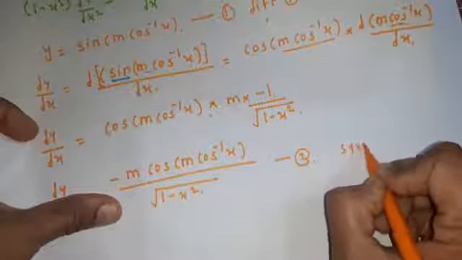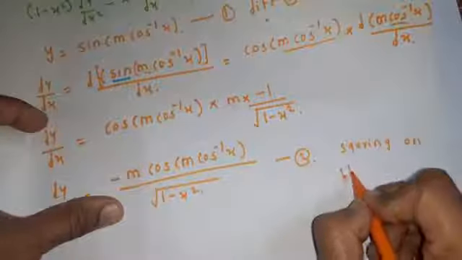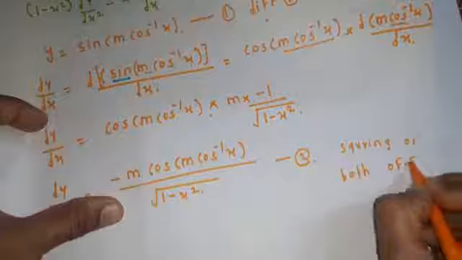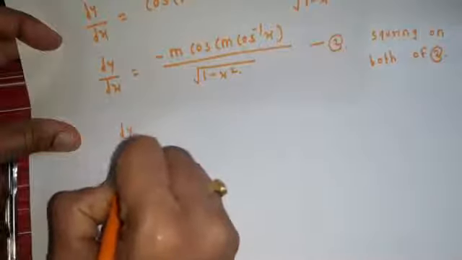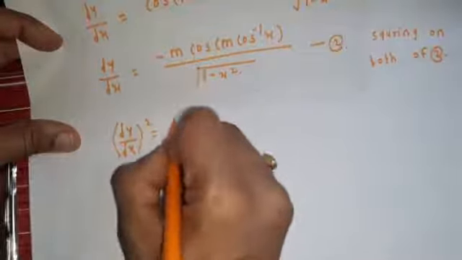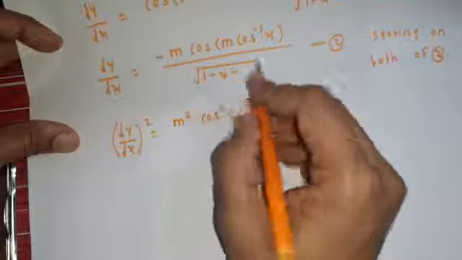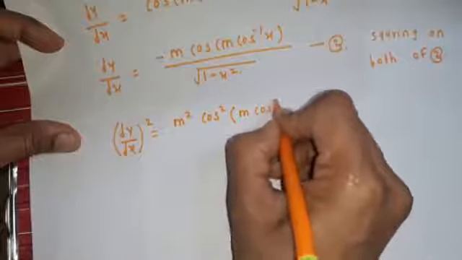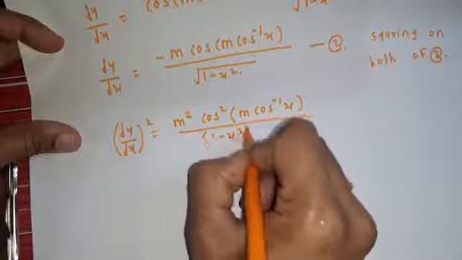Squaring, we get dy by dx whole square equals m square, the square of cos is cos square, cos square of m cos inverse of x, upon 1 minus x square.